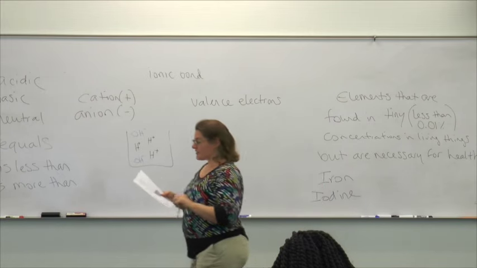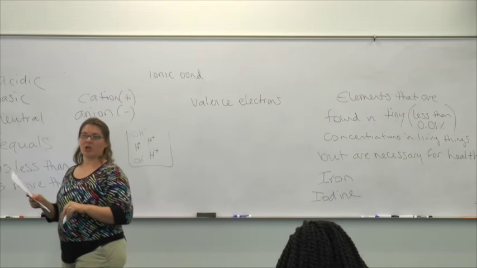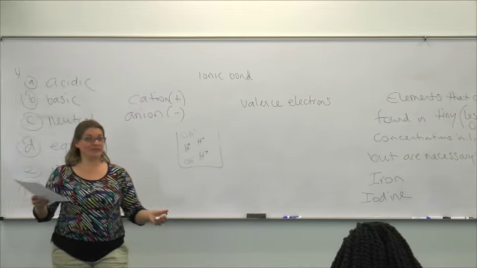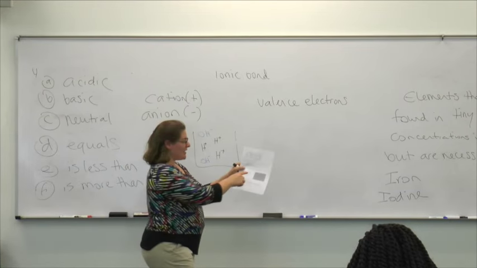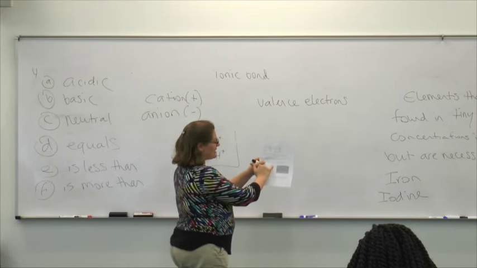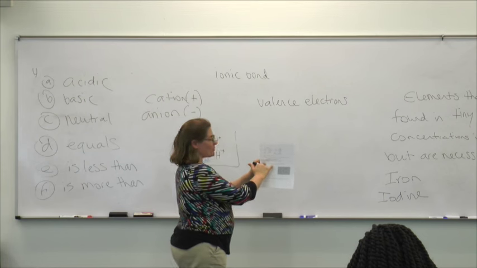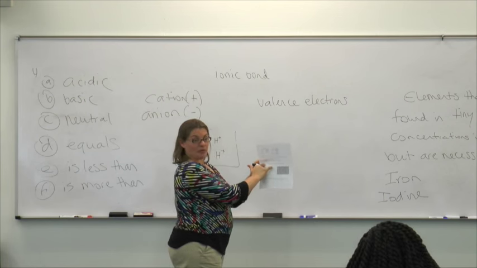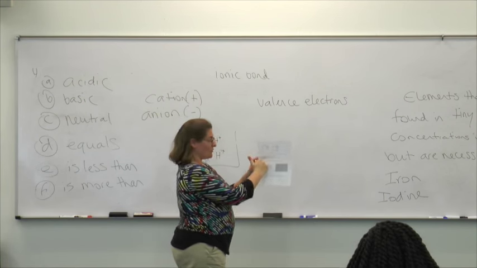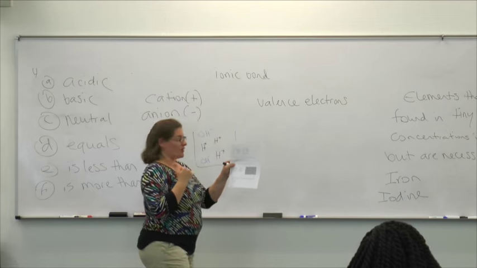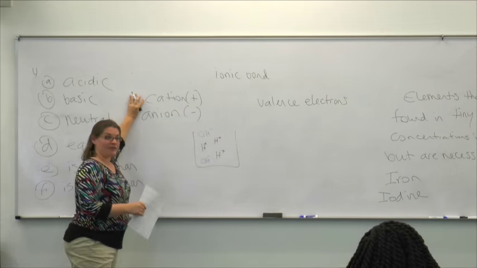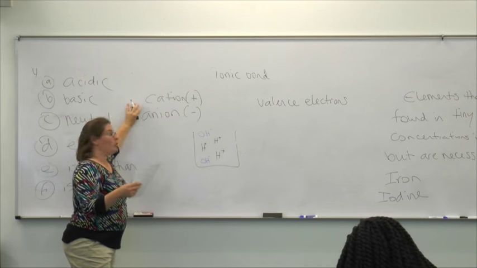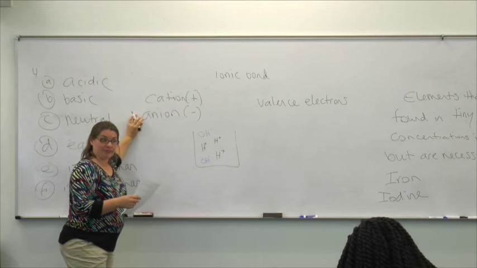Potassium, how many valence electrons does it have in its outermost shell? Only 1. So they're perfect partners, aren't they? So instead, the arrow is going to go the other way. Potassium is going to give its single outermost electron, its valence electron, over to fluorine. So then potassium will become the cation, and fluorine will become the anion.